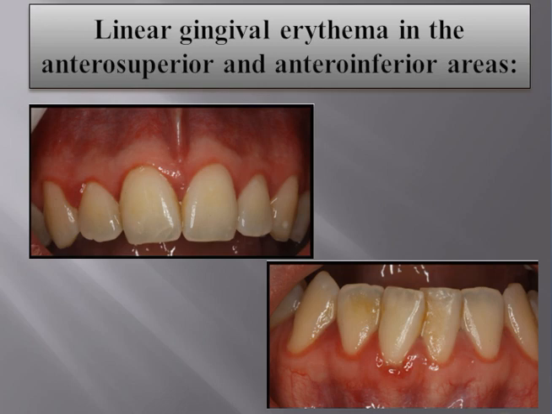Linear gingival erythema. This condition is considered a form of gingivitis, which is clinically composed of a 2 or 3 millimeter erythematous band along the gingival margin. It is commonly accompanied by diffuse red lesions or petechial-like wounds extending towards the apex of the gums as well as the alveolar mucosal membrane.